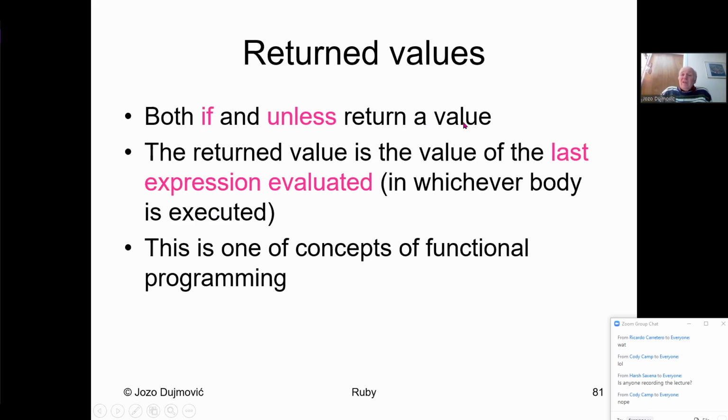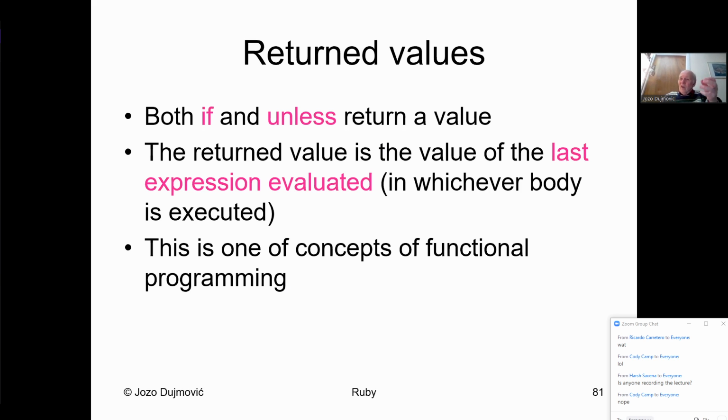Both if and unless return a value. This is functional programming. They have to return a value. So the value that is returned, the only logical value, is the last expression evaluated in whichever body is executed. So you have something that is inside the if statement. You execute these statements, and the last thing that is executed is presumably the result that is computed in your computation.